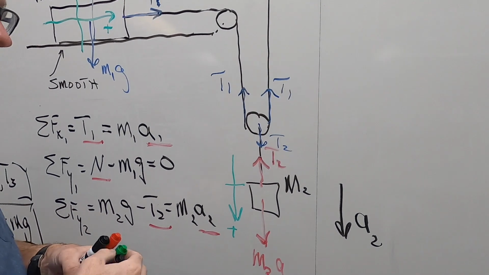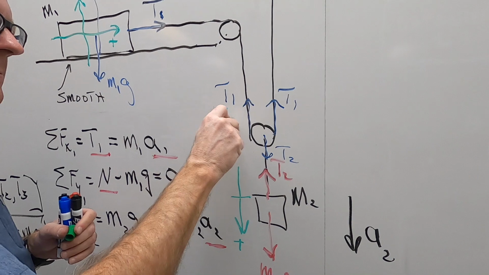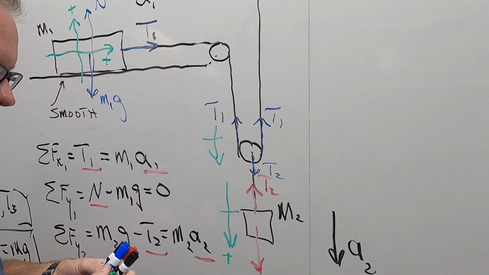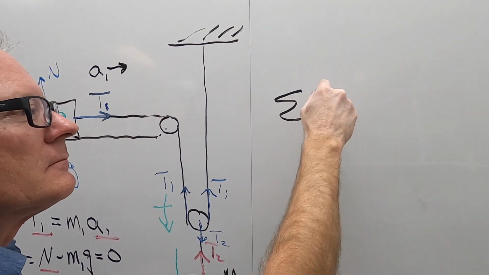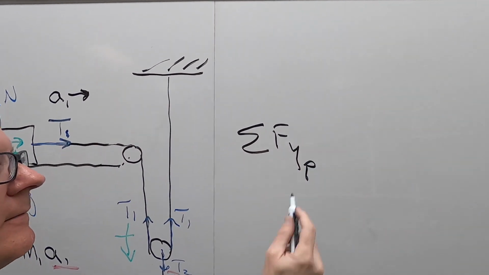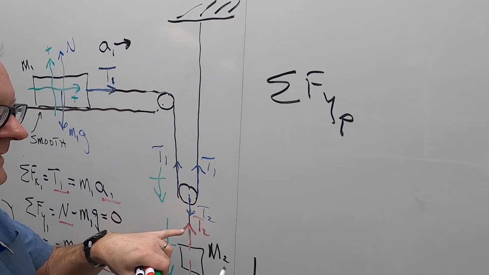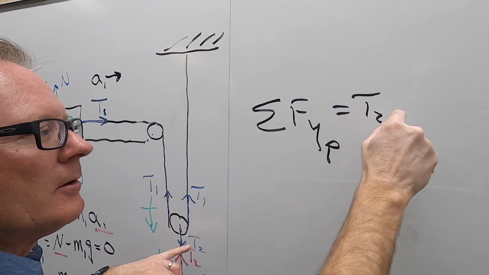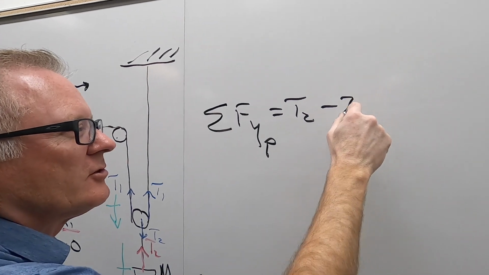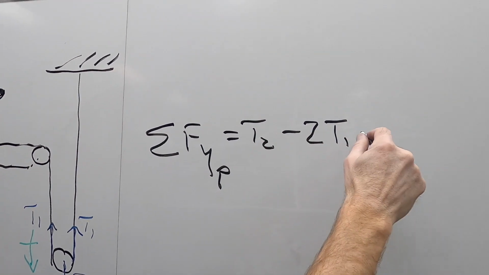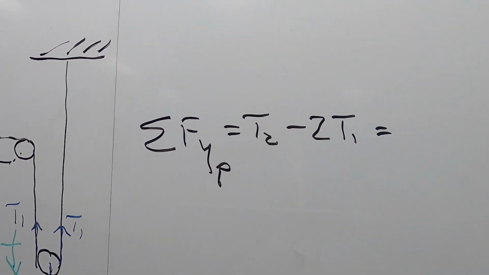So we'll call down positive on that one too. So if we look at the sum of the forces in the Y on the pulley right there, that's equal to T2 minus 2 T1s. I got 2 equal ones going up, so there's 2 T1, and that normally would equal MA.